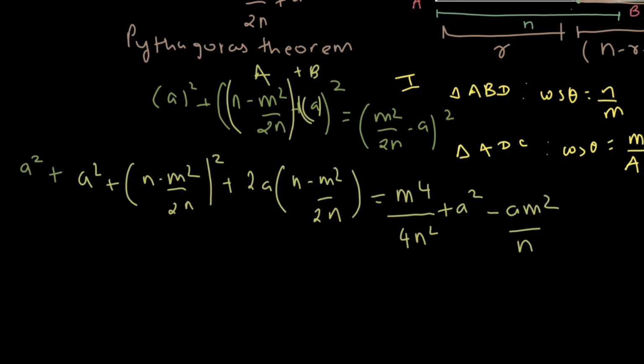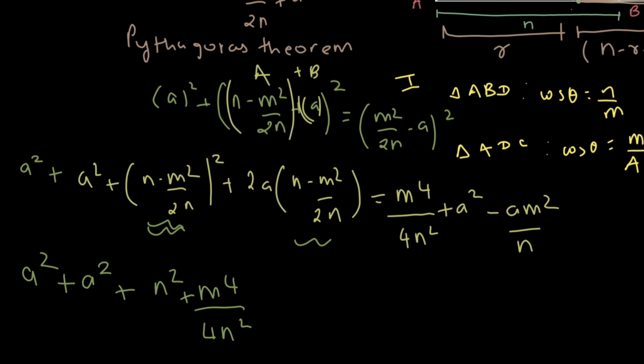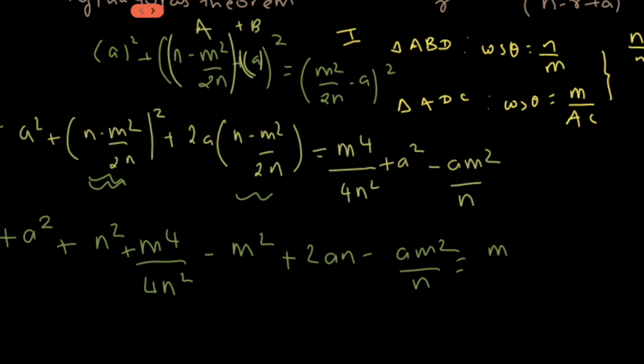So again we have two brackets to be opened, one over here and one over there. So a square plus a square plus, opening this bracket, n square plus m to the power 4 upon 4n square minus m square plus 2an minus am square upon n, and this thing is equal to m to the power 4 upon 4n square plus a square minus am square upon n.